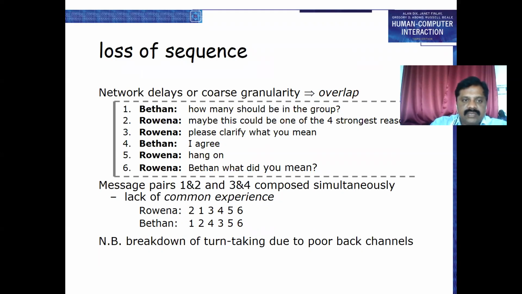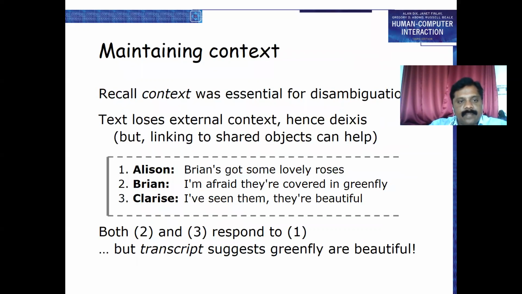When we have proper communication through audio or video, we can have some sequence, but in text we cannot have any sequence. Once they give a message, only then can we convey our own message from our side.